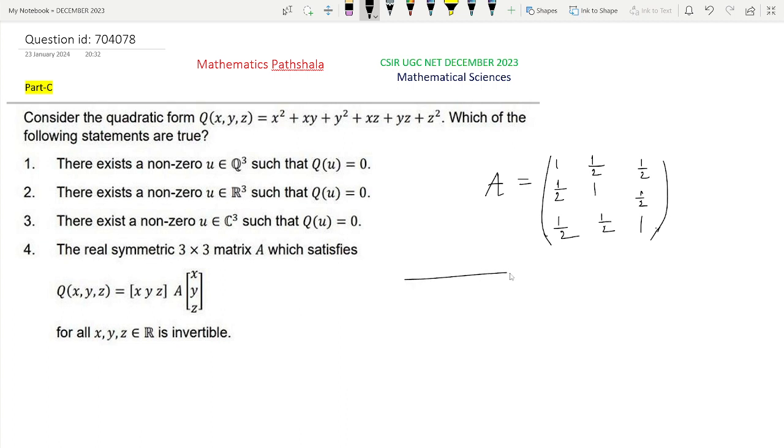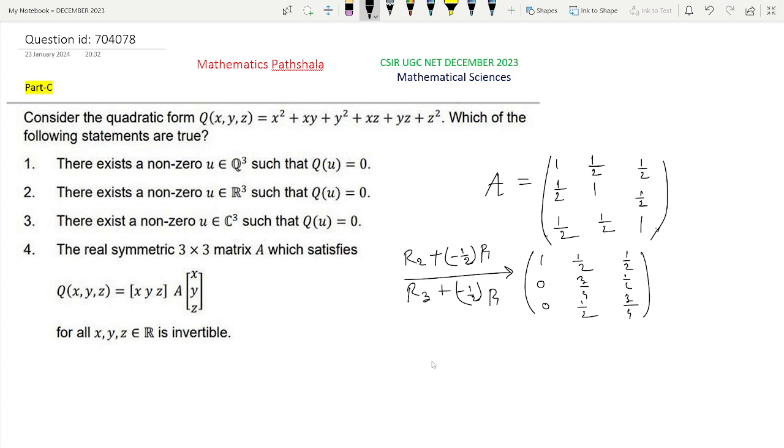So if we apply congruence operation, we have to apply R2 plus minus half R1, and also for the third row R3 plus minus half R1, and just after simple calculation we get this matrix. First row is unchanged, 1 half half. In the second row we will have 0, 3 by 4, half. For the third row we will have 0, half, 3 by 4.